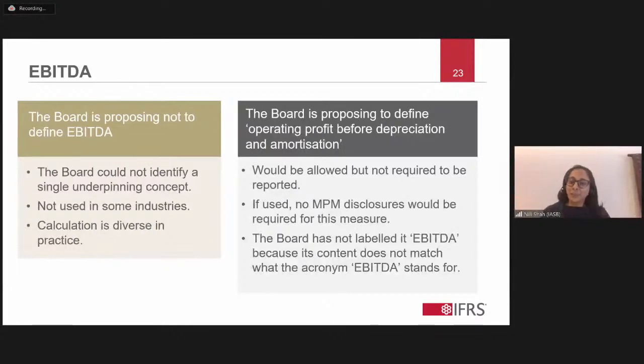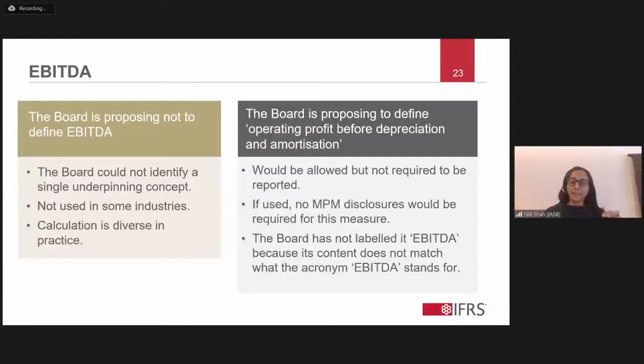So then the last thing you might be wondering is, well, if the board has this notion of operating profit before depreciation and amortization, why not just call that line EBITDA? And the reason is simply because the label can be confusing. EBITDA, the letters stand for earnings before interest, taxes, depreciation, and amortization.